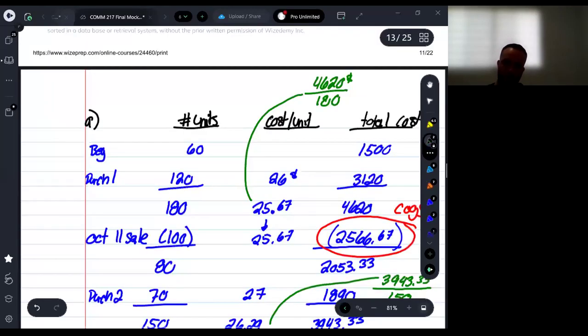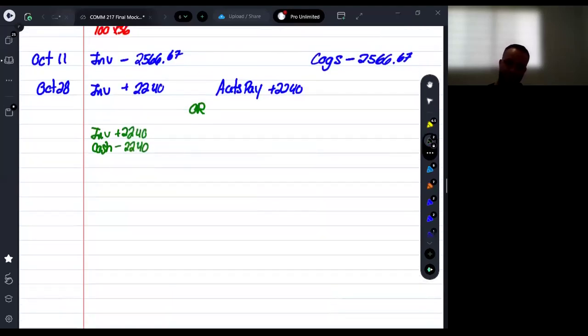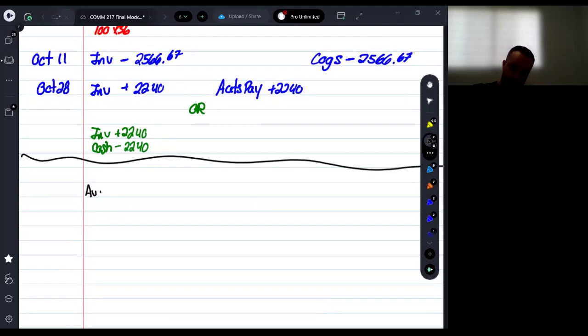So you have to use another one here. If you try doing average days to sell inventory, you get 365 over the inventory turnover ratio.